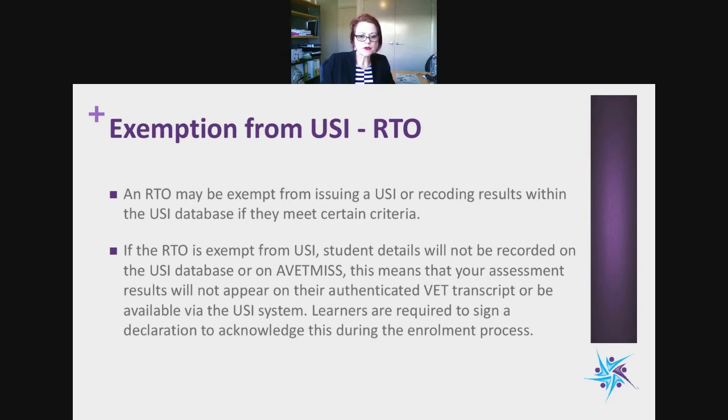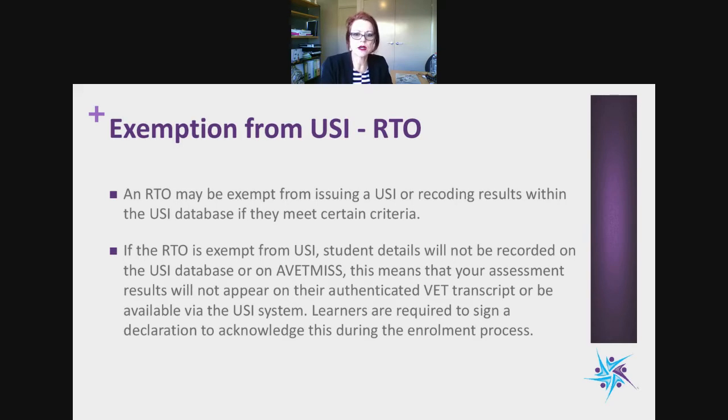So to get an exemption from USI, an RTO may be exempt from issuing USI or recording results within the USI database if they meet the selection criteria. The selection criteria is within our policies and procedures in the Q&C manual when you have a look in there.